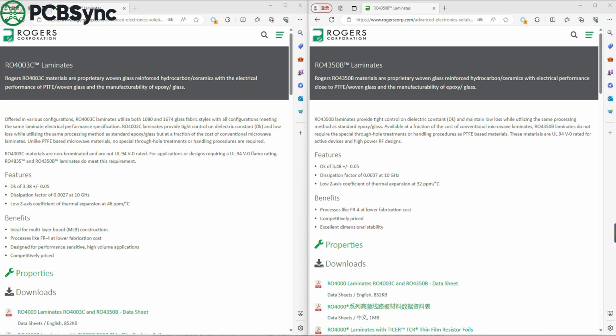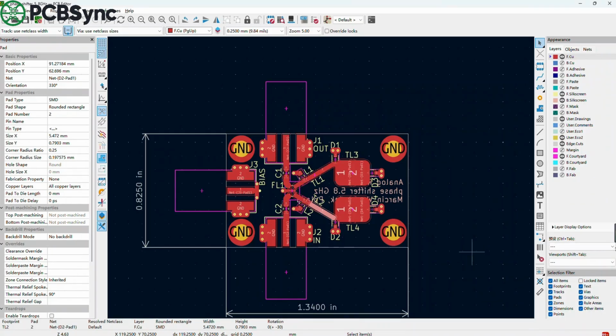If the product must meet the V-0 flammability rating, then it's more suitable to prioritize evaluating RO4350B. In addition, you also need to consider factors like operating frequency, type of copper foil on the board, impedance requirements, insertion loss, supply situation, and cost. Make a comprehensive judgment.